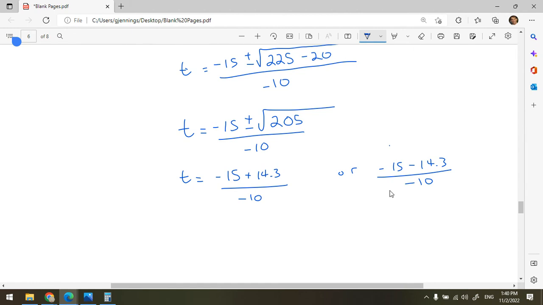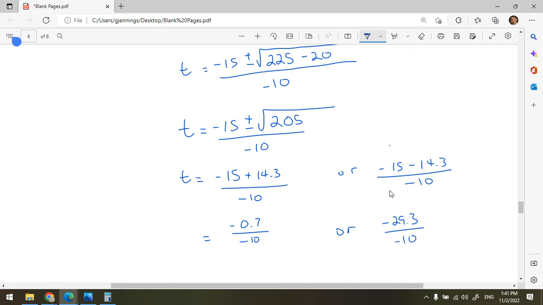So negative 15 plus 14.3 over negative 10 is equal to negative 0.7 over negative 10. That's a very small number, and it's positive because a negative divided by a negative is positive. Or negative 15 minus 14.3 is negative 29.3. Your calculator will tell you the same thing, over negative 10.